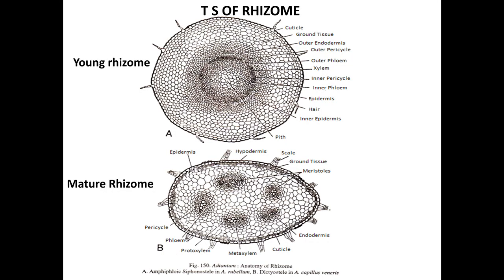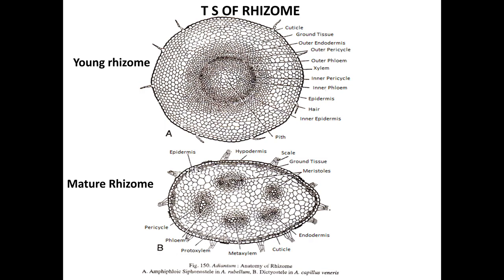In the next slide, we'll discuss the transverse section of the rhizome, or when you take a section of the rhizome, how it appears and what cellular details you are going to find. As usual, when we take a section of the stem or the rhizome, it mainly consists of epidermis, hypodermis and the ground tissue.